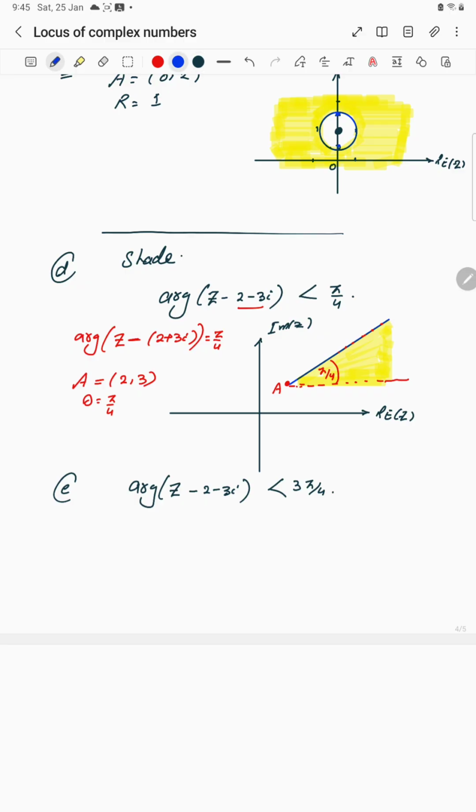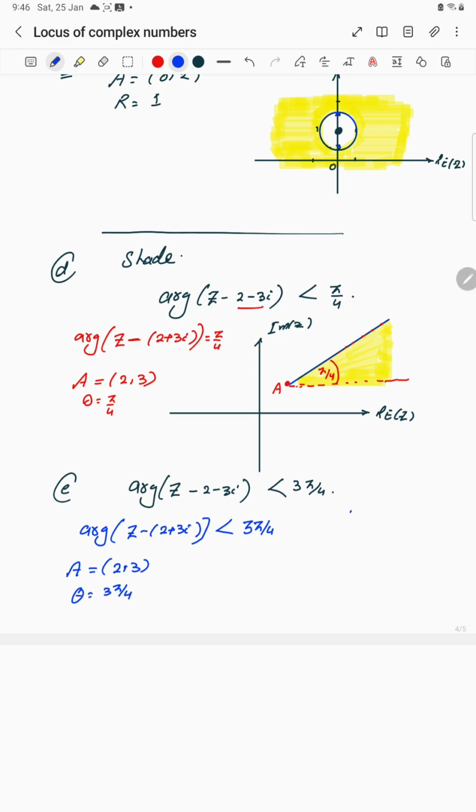So let's start how to draw it. First, argument of z minus 2 plus 3i. Reshape the statement in the proper order to get fixed point A, that is 2 comma 3, and theta is here 3 pi by 4.